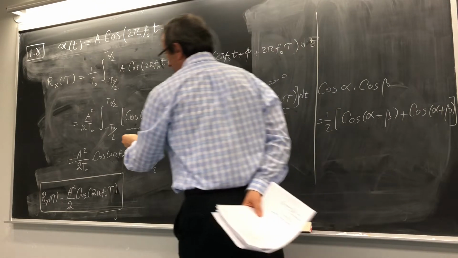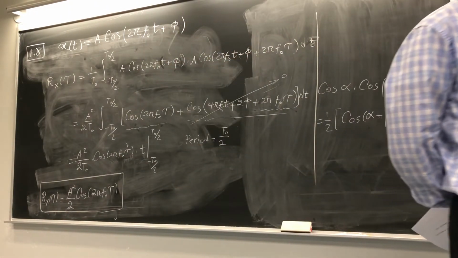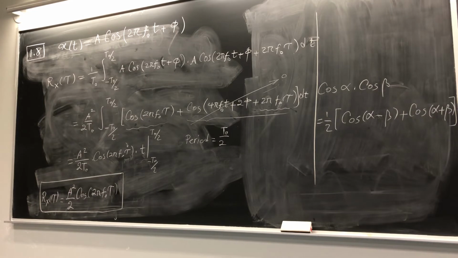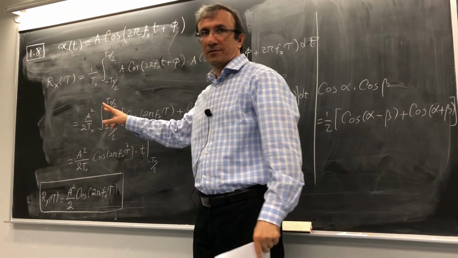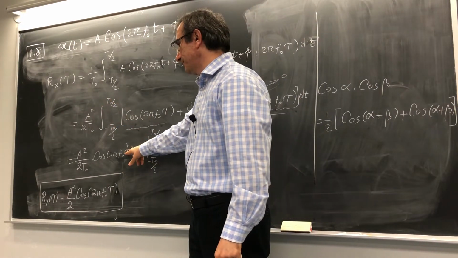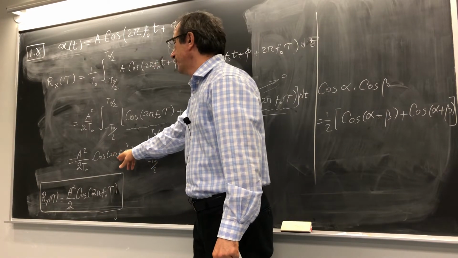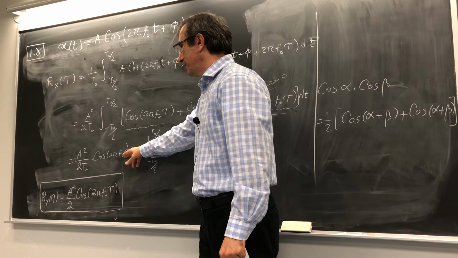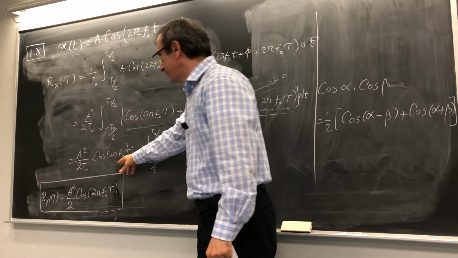Supposing that tau is not a function of time, and the unit of tau is time, but it is not t. Let's say 1 second, 2 seconds, a constant value. It doesn't vary with time. So 2 pi times, let's say 1 kilohertz times 1 second would be a constant value.